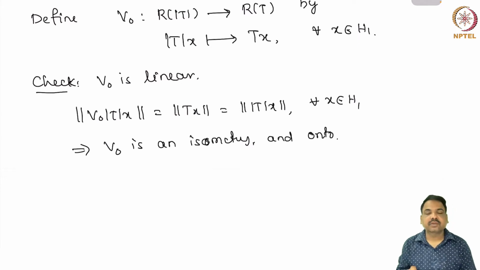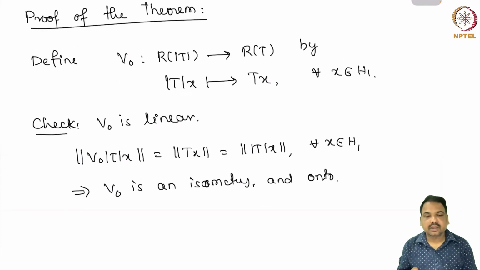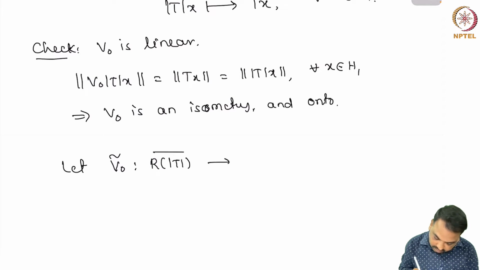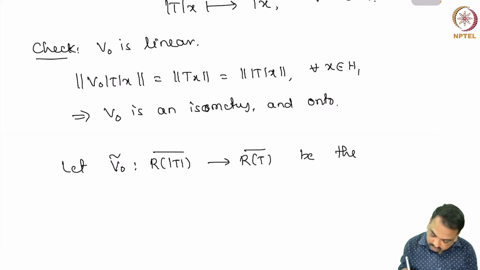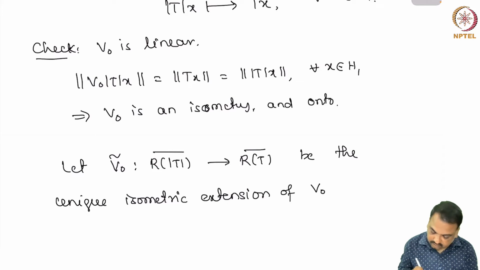We want to extend it to the full space H1. So now we have a bounded linear operator on a space. We can extend it to its closure in a unique way. So let V naught tilde be a map from the closure of the range of |T| into the closure of the range of T, the unique isometric extension of V naught.